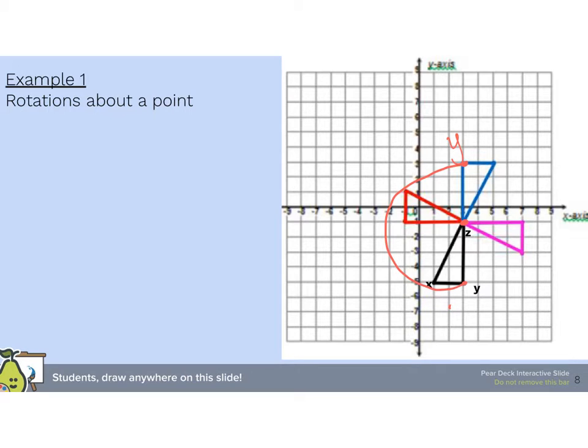So that's 180 degrees. And then if I were to keep going, you see, it's 3/4 of a circle, that's 270 degrees. So to get to the red, it's 90 degrees clockwise about point, what is that?